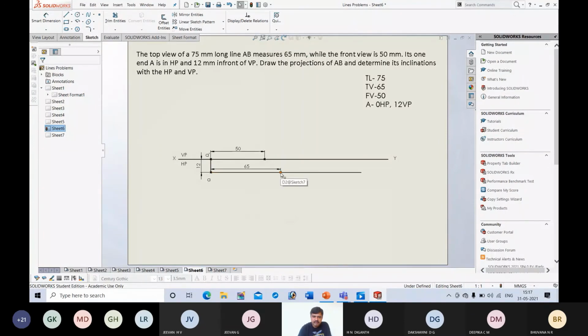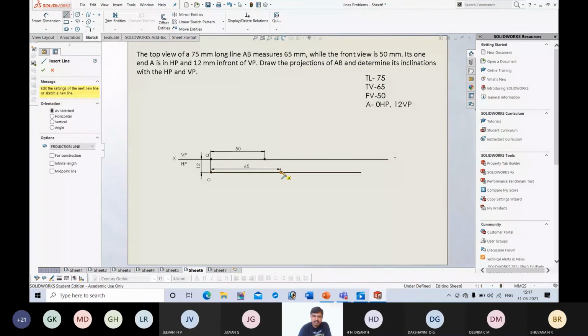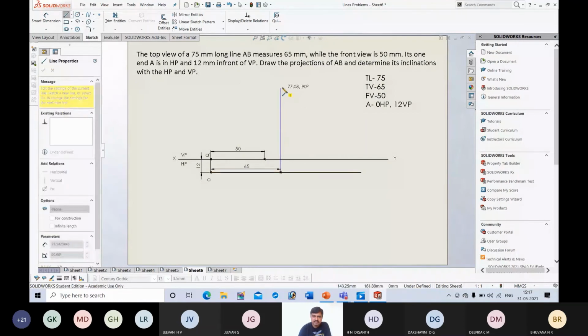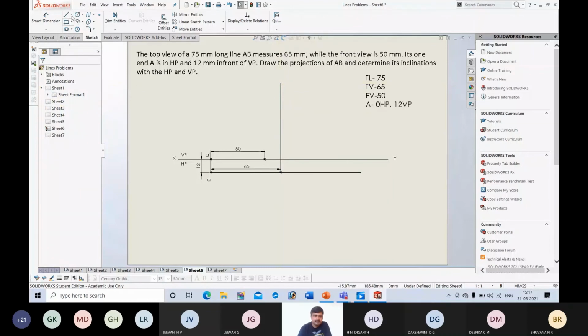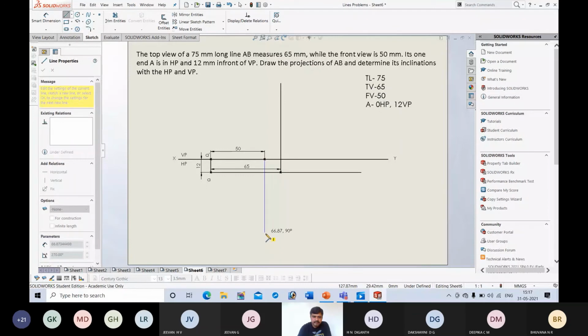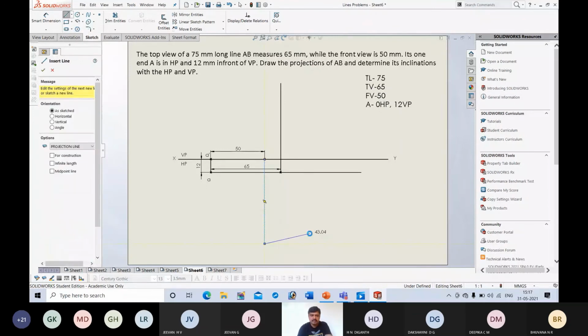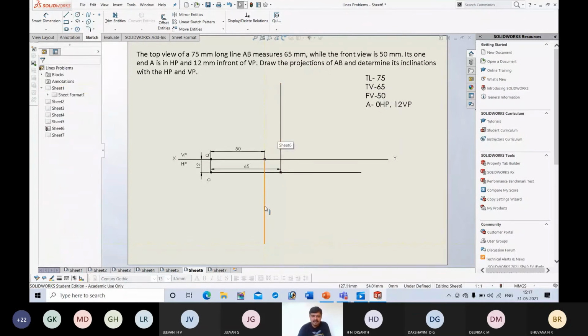Now have a top view from here. From top view, I should draw in this direction. From front view, I should draw downwards like this. On these vertical lines only, I should get one more point of true length.